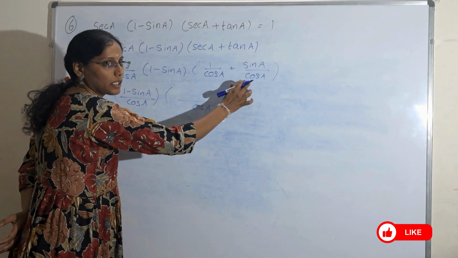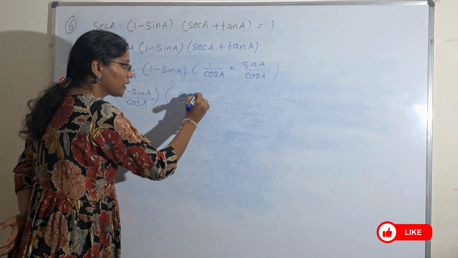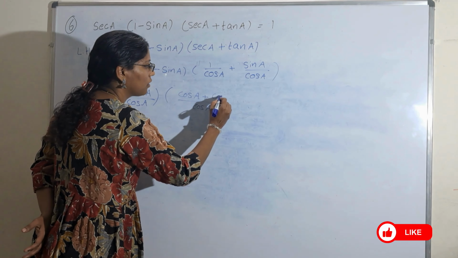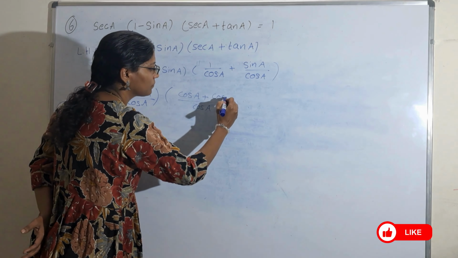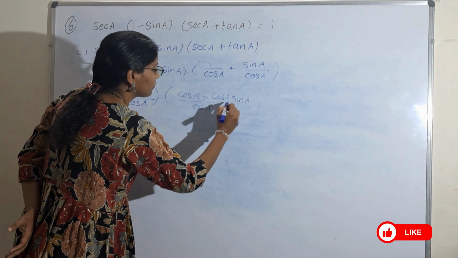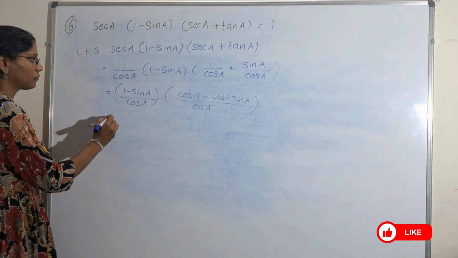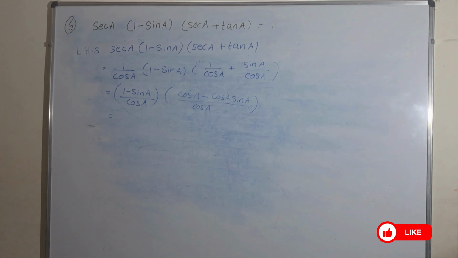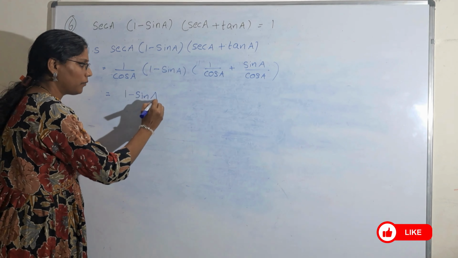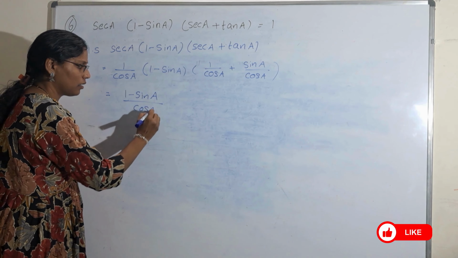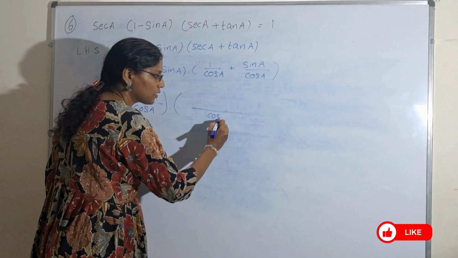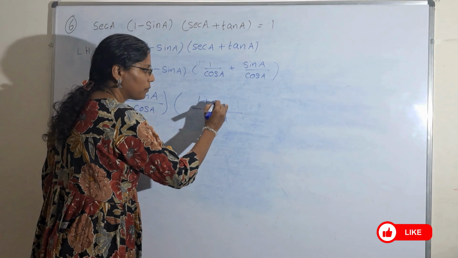Here cross multiplication: cos A into 1, cos A, plus here cos A into sin A. This is equal to 1 minus sin A by cos A. Next bracket LCM, cos A is the LCM. Here numerator 1 plus sin A.